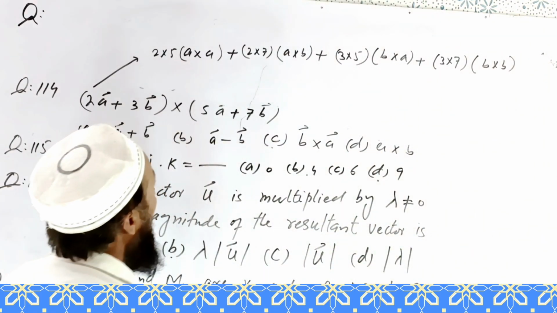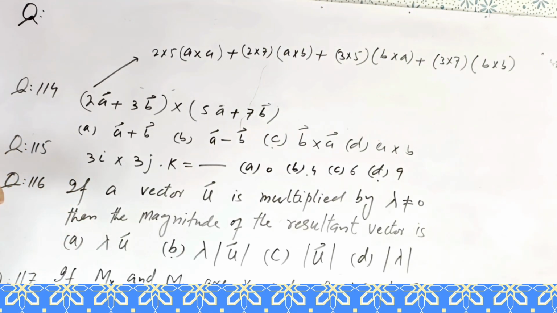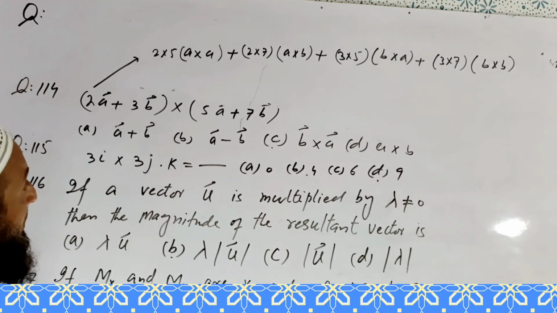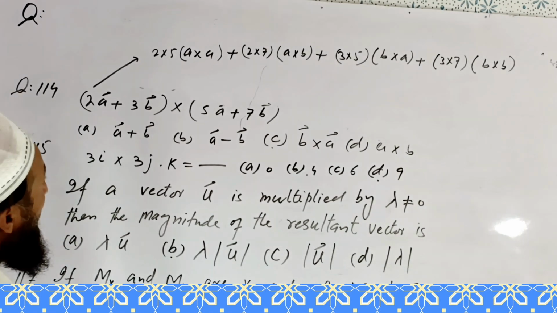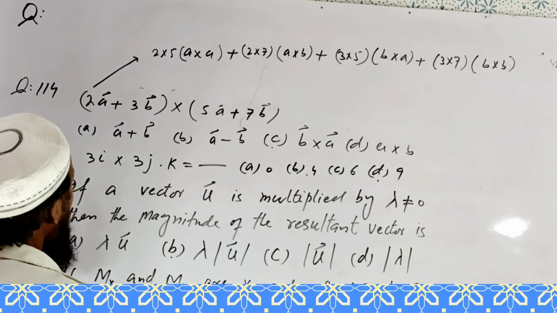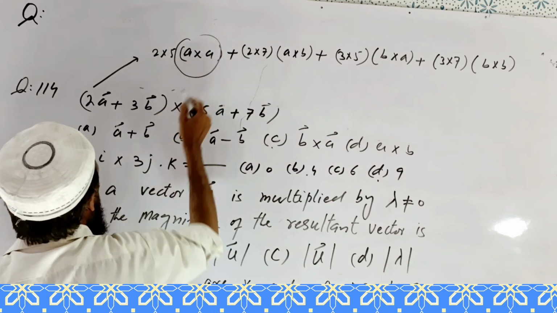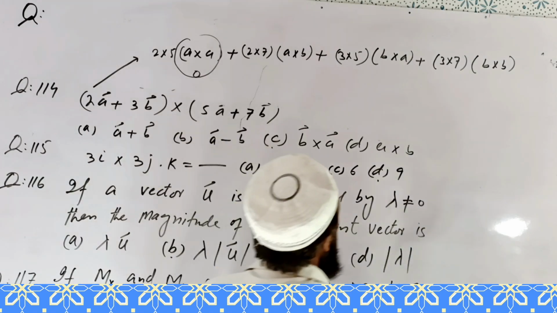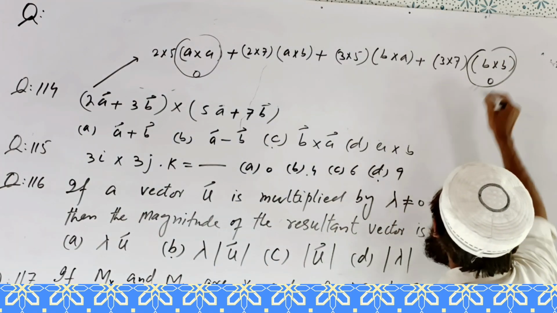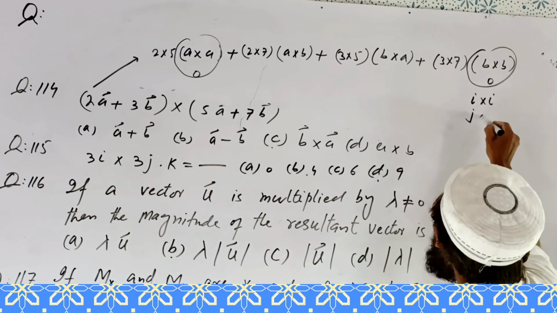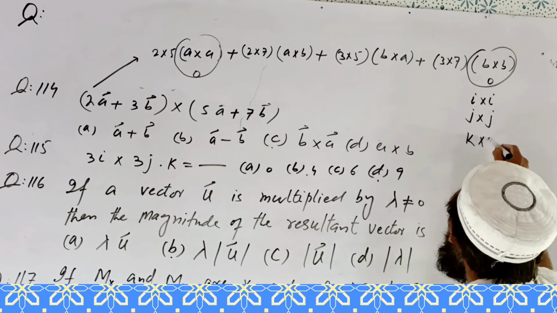We have already discussed what the result is, and now we change the result here. According to the definition, a cross a we get 0, and b cross b is 0, like i cross i, j cross j, and k cross k.